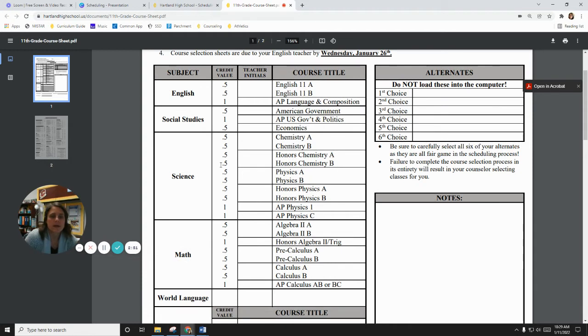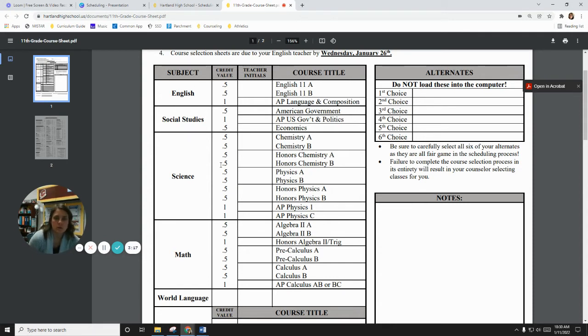So the second box is social studies, and I'm going to spend more time talking about this one because econ can get a little bit confusing. So your 11th grade social studies requirement is half a credit of American government and then half a credit of econ. And so for government, you might take just the regular semester-long class, or you might opt to take AP US Government and Politics.